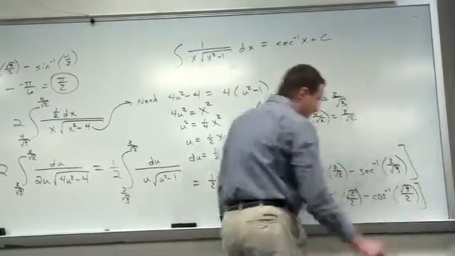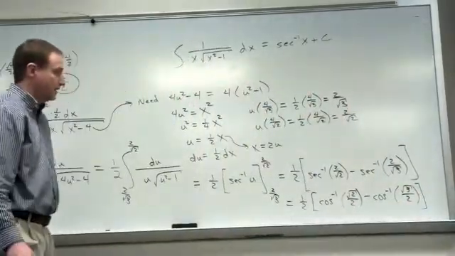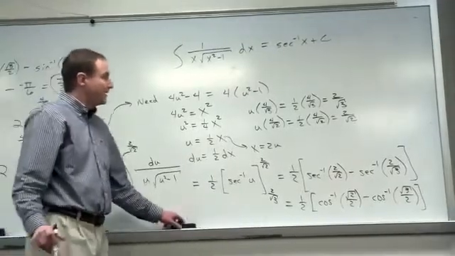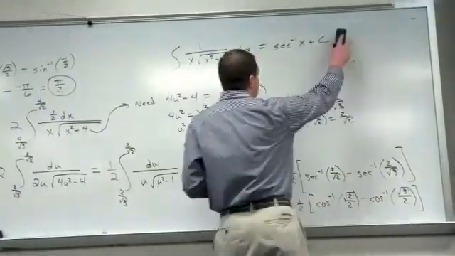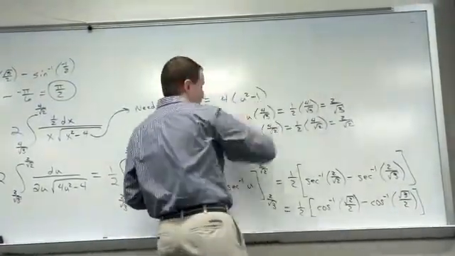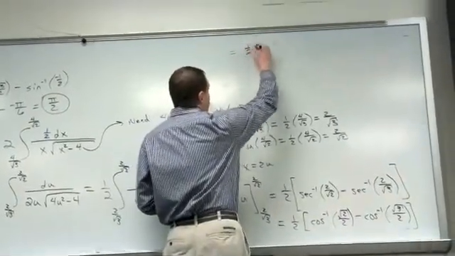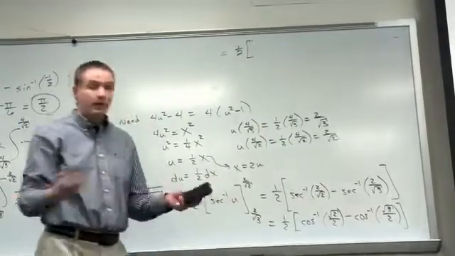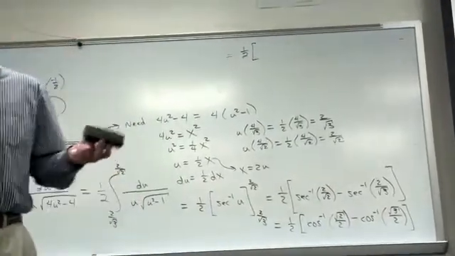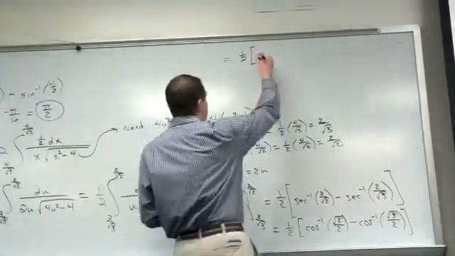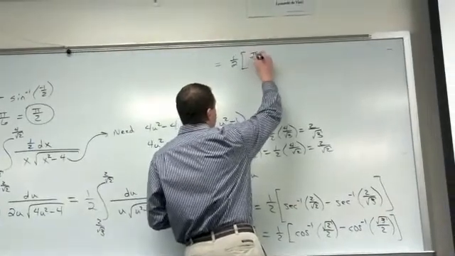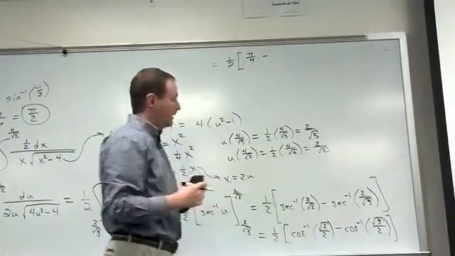So now my final answer, and I ran out of room down here, so I'll finish it up at the top. This is going to equal 1/2 times inverse cosine square root of 2 over 2. That's pi over 4. Halfway through the first quadrant. Inverse cosine of square root of 3 over 2, pi over 6.